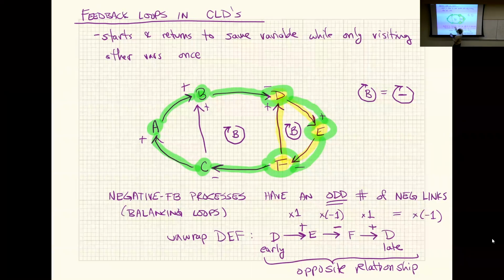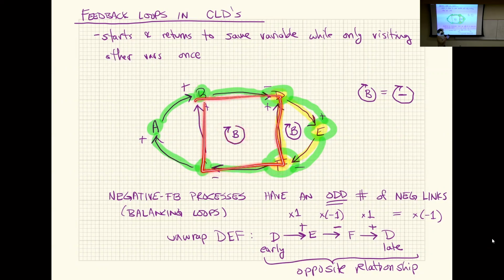The third feedback loop, well, it is another balancing loop, and I would label it right here. It might seem confusing because it seems like this is referring to this thing, but we know that this thing's not a loop.